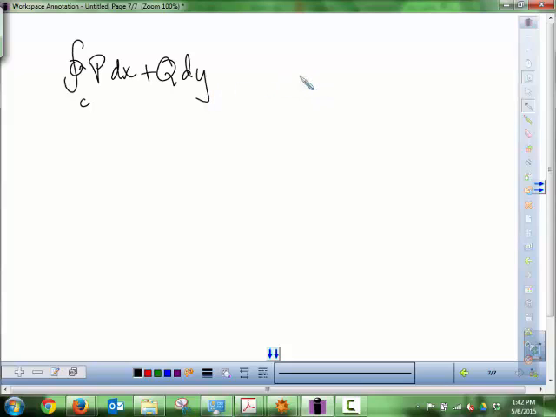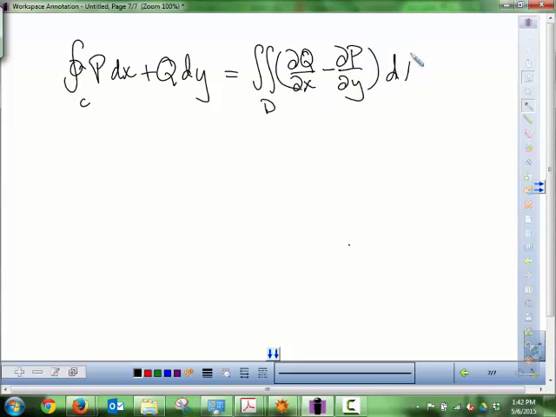In fact, it's equal to this double integral over D, and remember that C is the boundary of D, of the derivative of Q with respect to x minus the derivative of P with respect to y, dA.